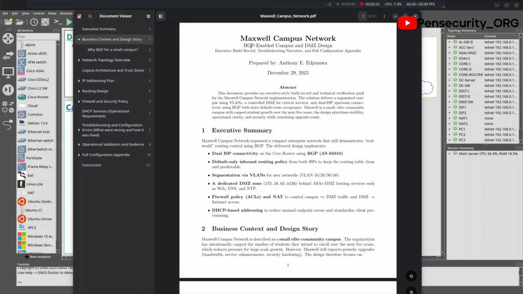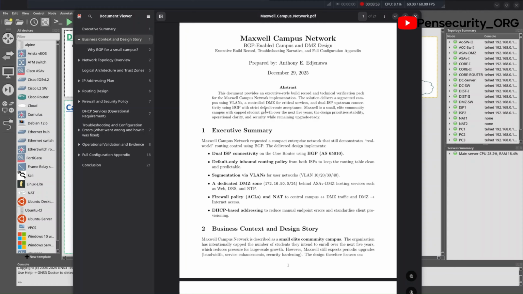So the abstract: this document provides an executive style build record and technical verification pack for Maxwell Campus Network implementation. The solution delivers a segmented campus using VLANs, a controlled DMZ for critical services, and a dual ISP upstream connectivity using BGP with strict default route acceptance.